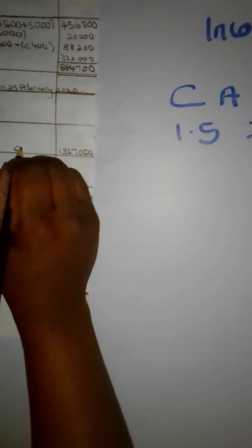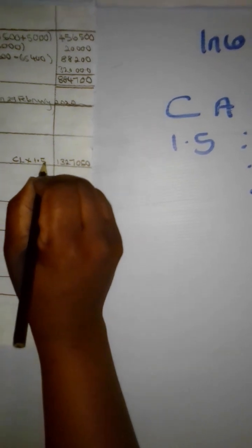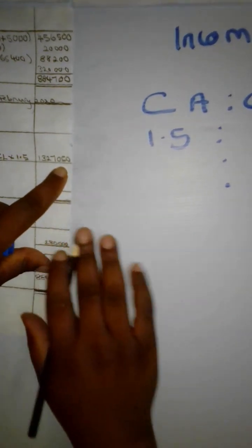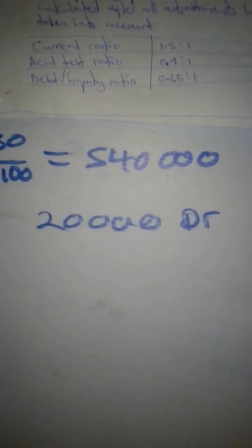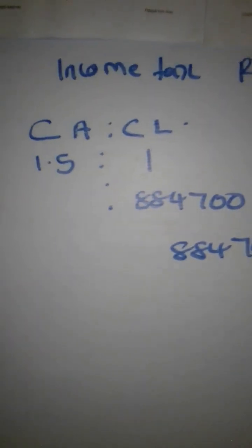I said current liabilities multiplied by 1.5, which gave me 1,327,050. What did we use? We used the financial indicator that is given there. The current assets are 1,327,050 to 884,700.